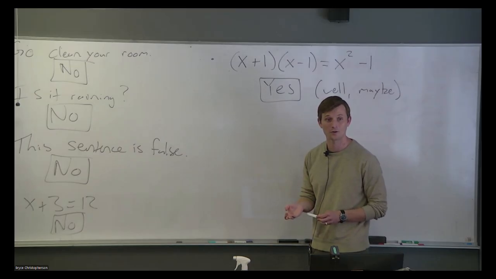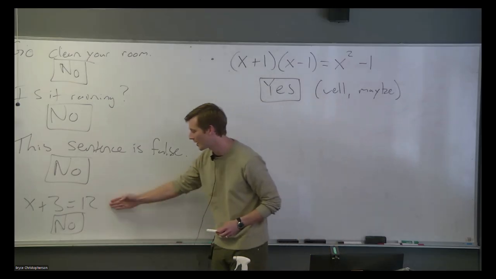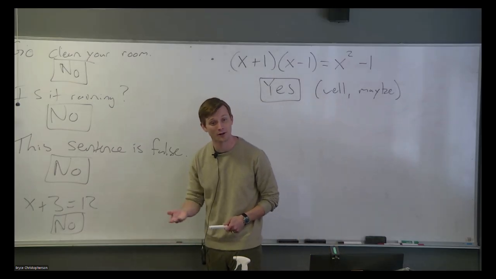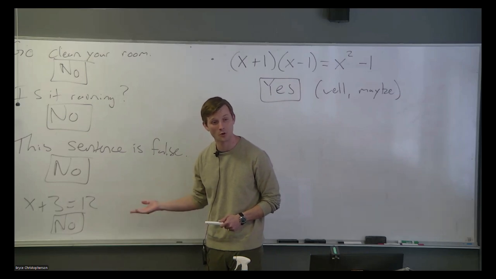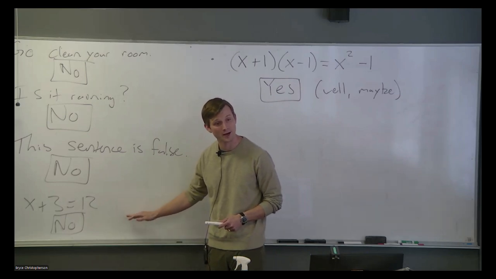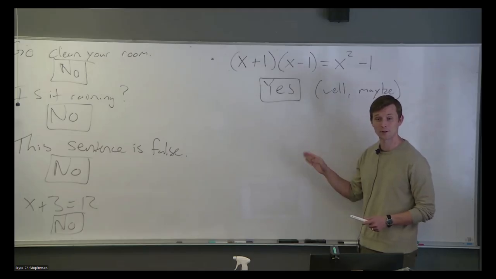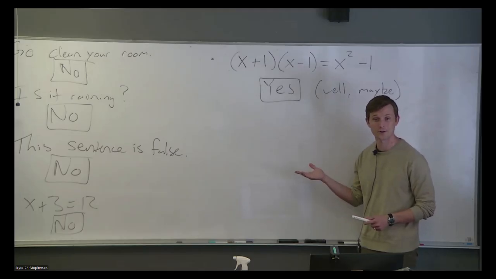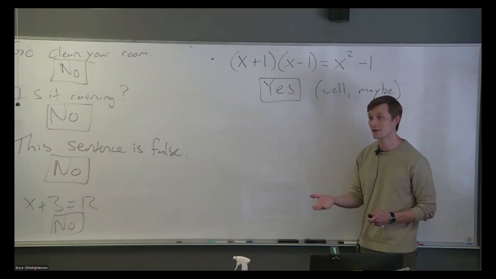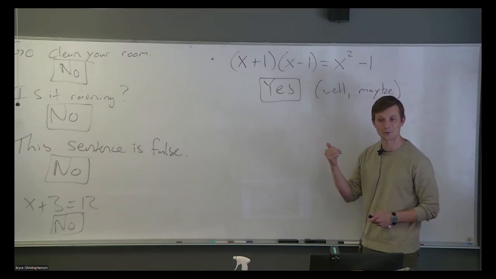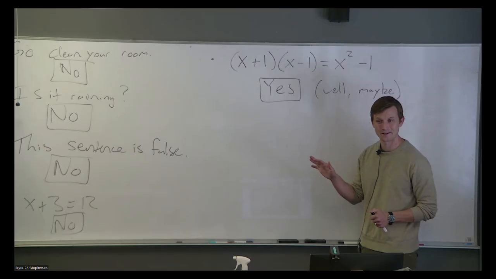If you're talking about something in the same sense as what we were saying over here, where you have to specify more information about x to know whether or not this is true, then this would also not be a proposition. It doesn't matter that it'll be true for any old x.